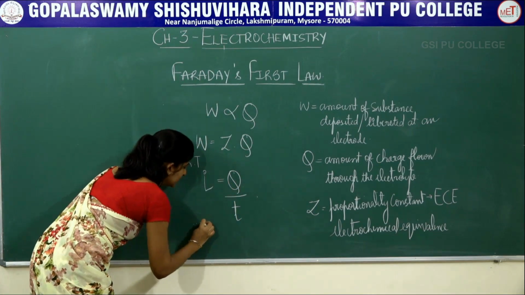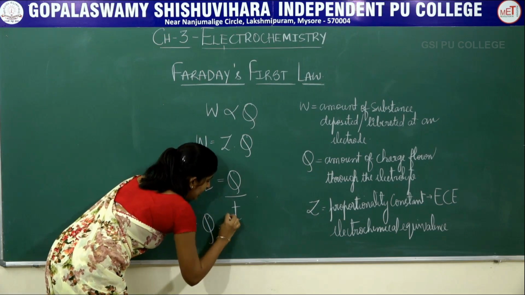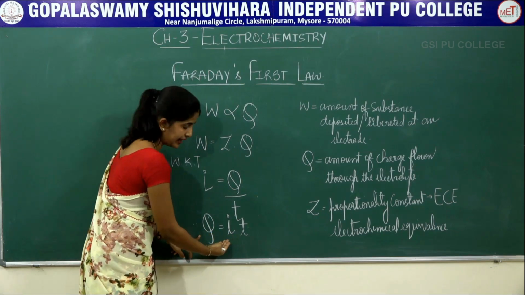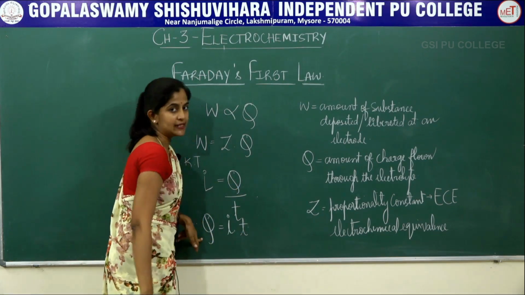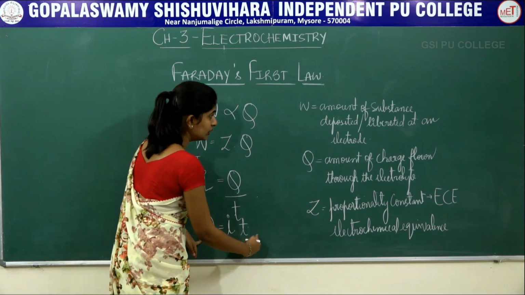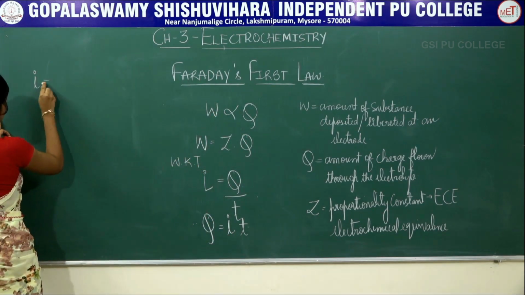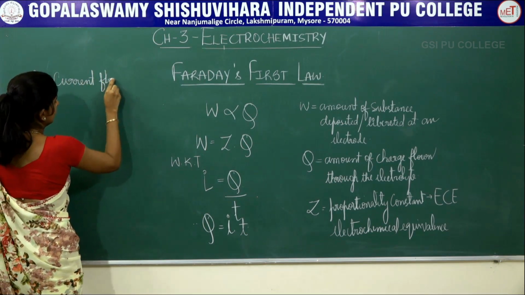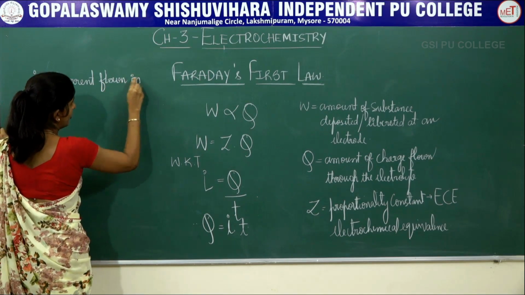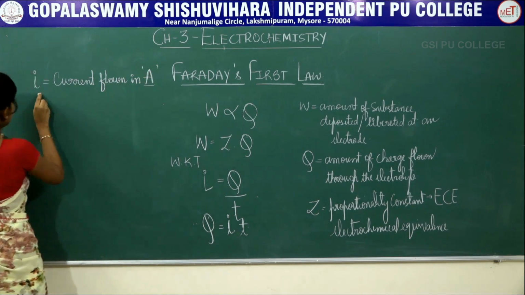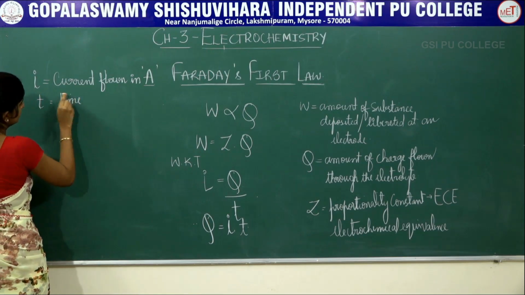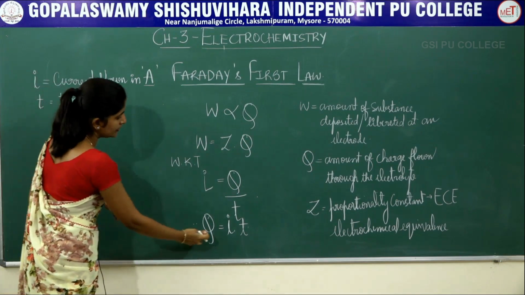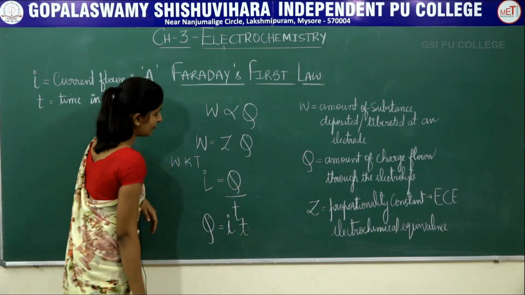So therefore I can write Q is equal to I into T. That is, charge flown is equal to I, electric current, which should be in amperes, times T, time in seconds. I is the current flown in amperes, very important, it is in amperes, and T is time in seconds. Q is the amount of charge flow.